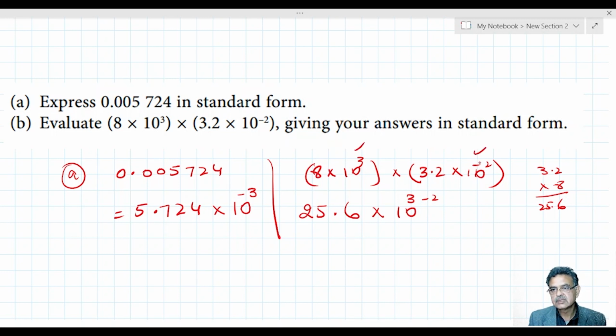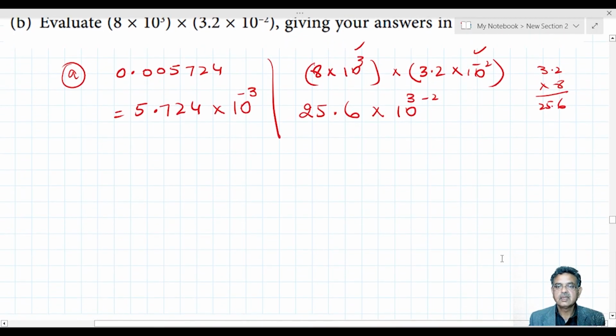These powers of 10, as the base is the same, so the powers will be added. This is negative, so it will remain negative. Okay, now the answer is 25.6 multiplied by 10.